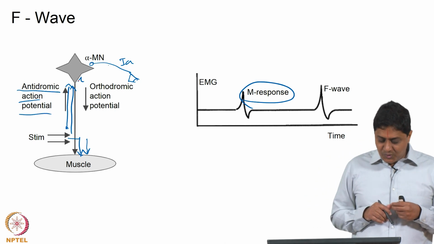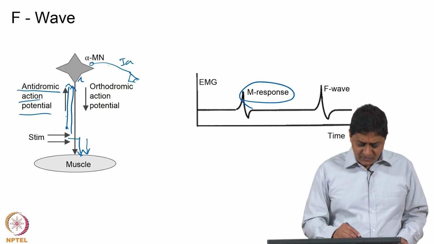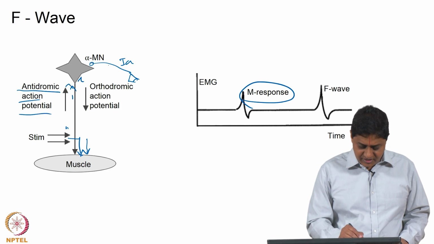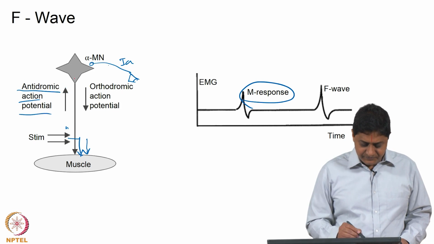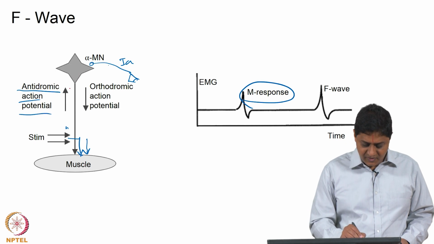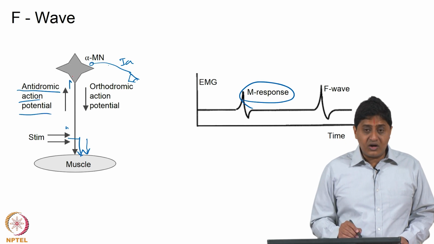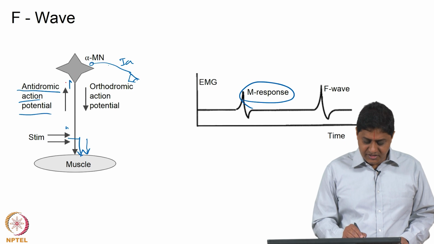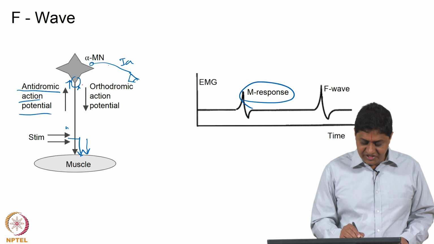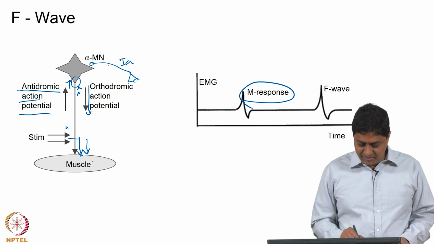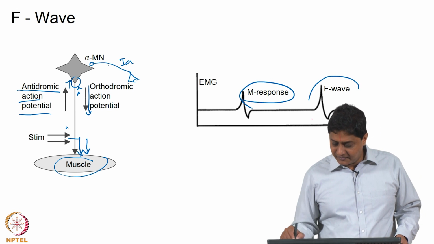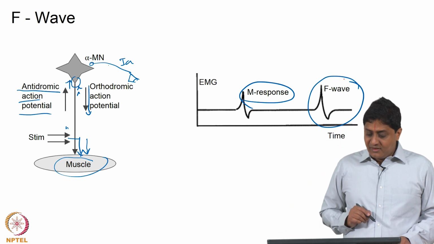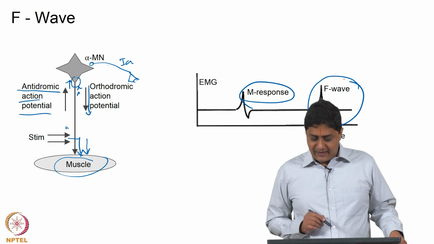In some cases, this antidromic action potential reaches the axon hillock and causes a new action potential to be generated here, and that action potential will travel orthodromically in that direction and reach the muscle. That is felt here. That is the F wave.